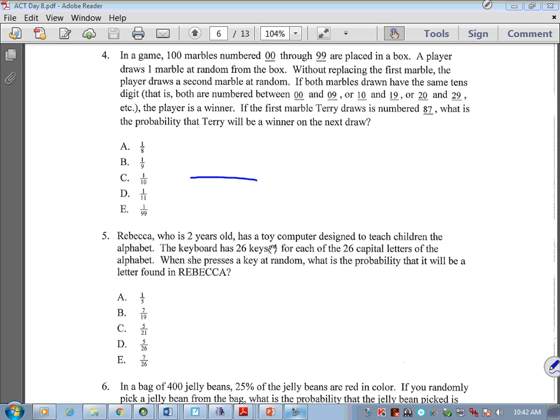But how many total marbles are left? After I pulled out the 87, I'm picking from 99. 9 over 99 will reduce to 1 over 11. Okay, so we've got a 1 in 11 chance of getting a marble that will win the prize. Okay?